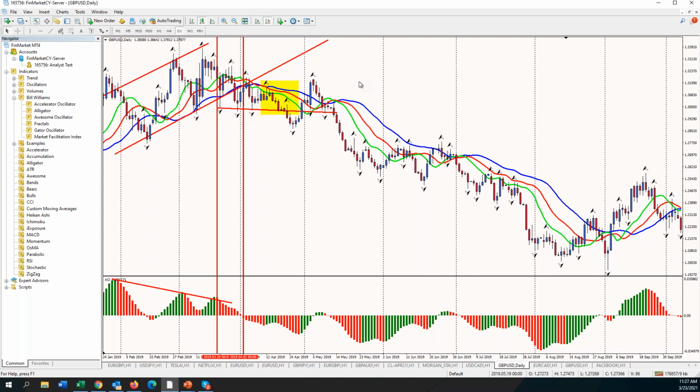Maybe he could also consider some kind of exit of the market above some of these fractals, according to his or her trading plan. Then you will see that the price continues going downwards, following the alligator.